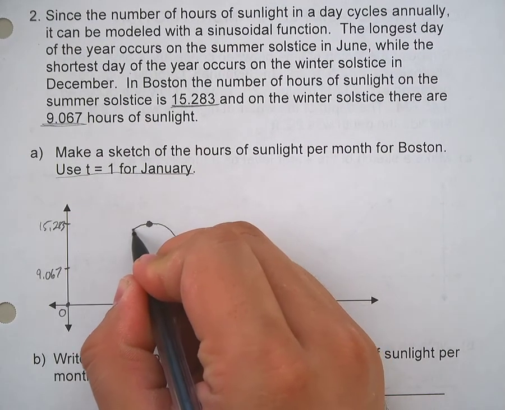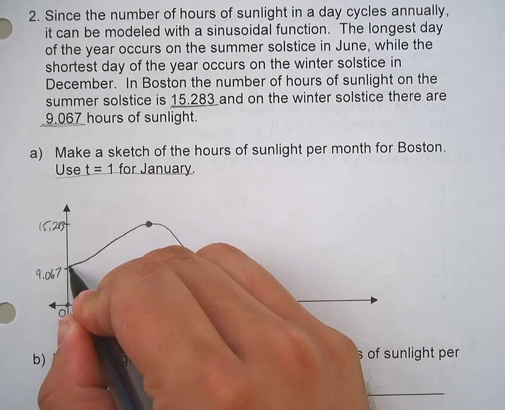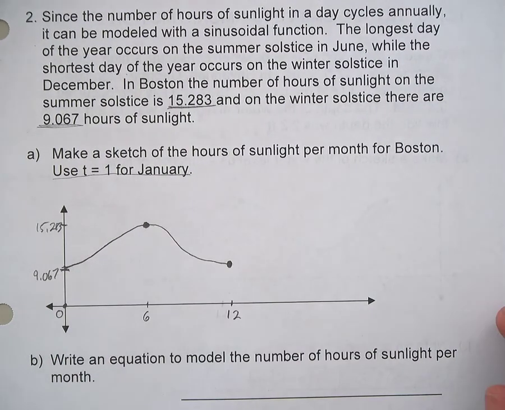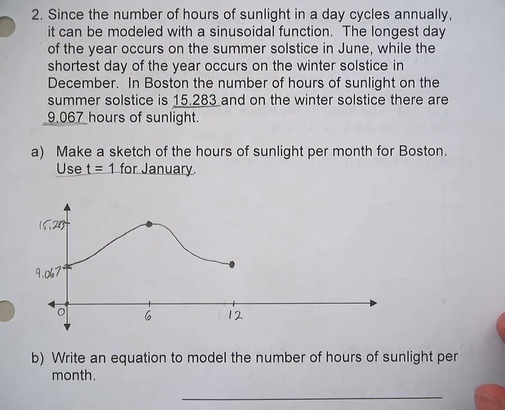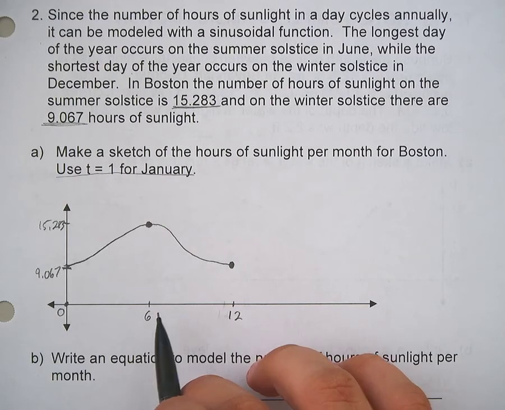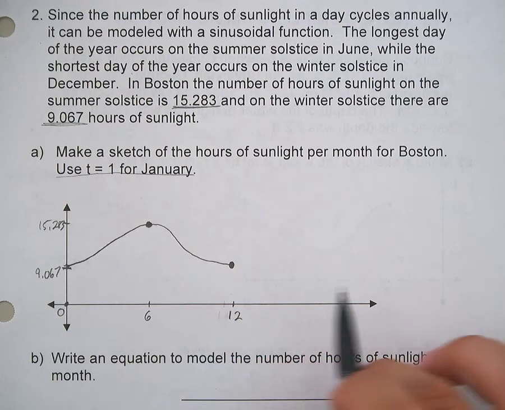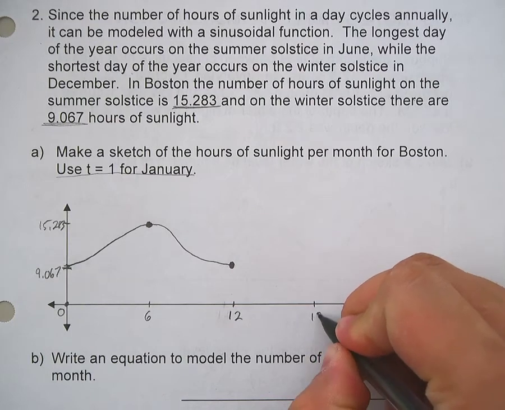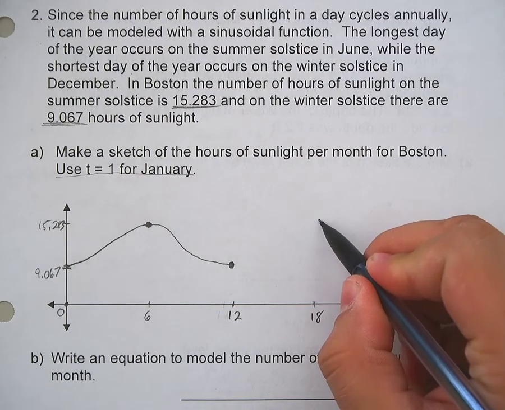So what I'm going to do is come down like this, and go just slightly above my 9.067. So this is 6, 12. The next solstice should happen at 18, 6 units later.